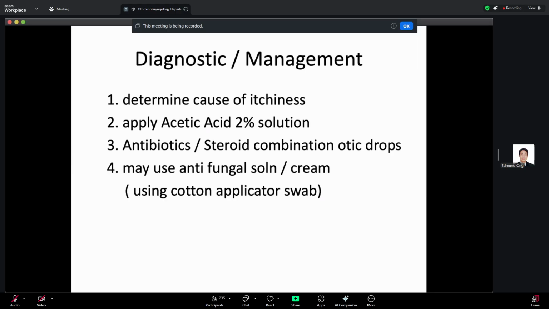If there is some scattered cerumen, you need to remove that to lessen the itchiness. I usually give a steroid combination, more of an ointment, if I don't see any infection. Because of eczema or seborrheic dermatitis, I can give some steroids that can be placed in the external canal to lessen the itchiness. Okay, next slide.